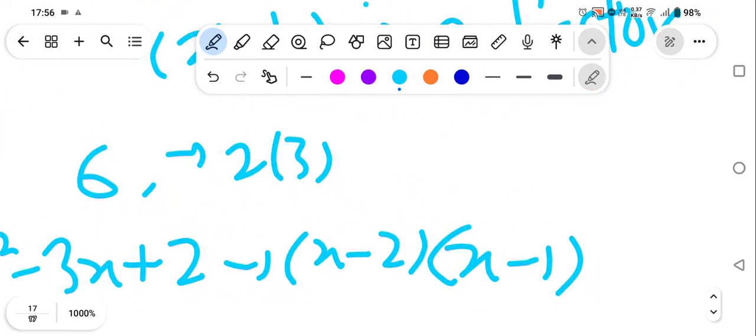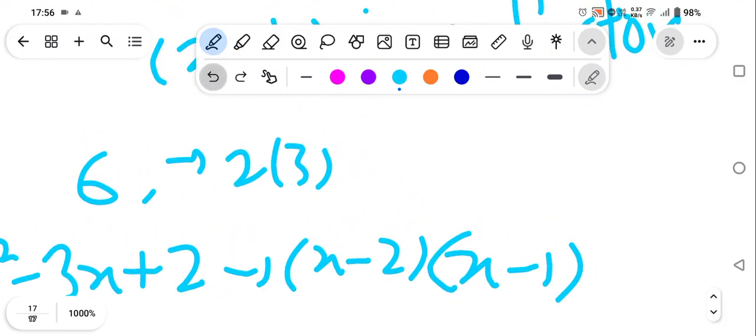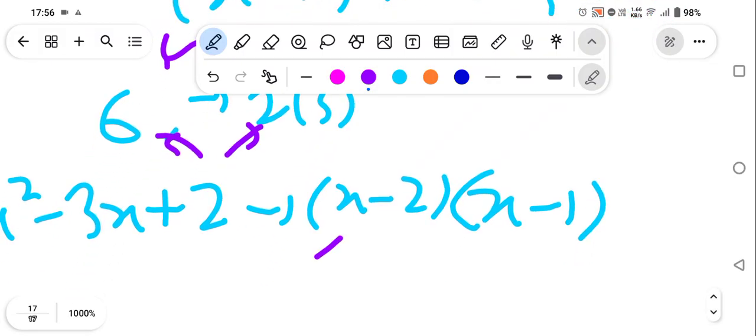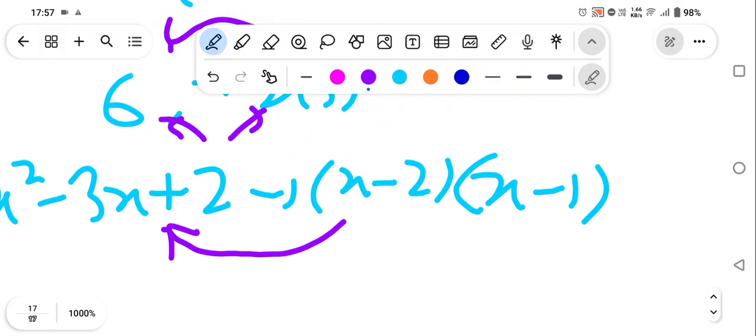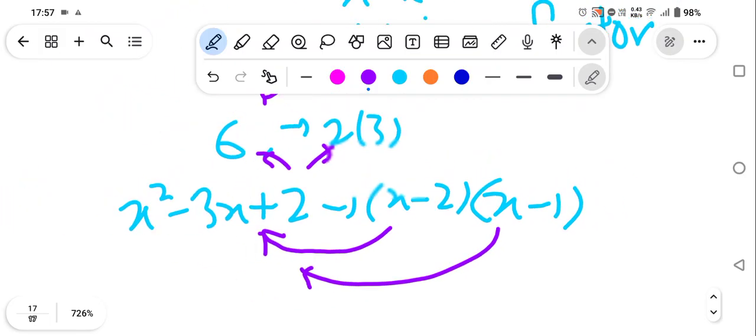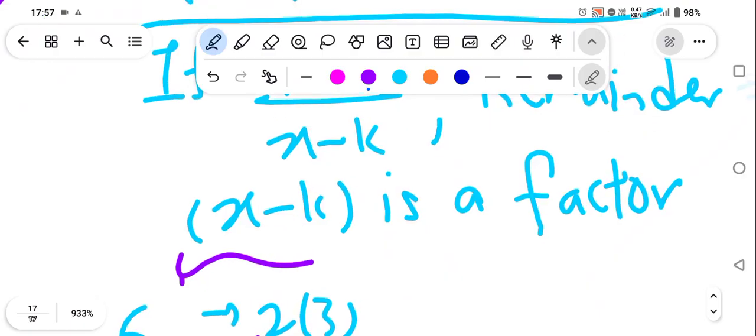This is what we call a factor. 2 is a factor of 6, 3 is a factor of 6, x minus 2 is a factor of x squared minus 3x plus 2, and so is x minus 1.